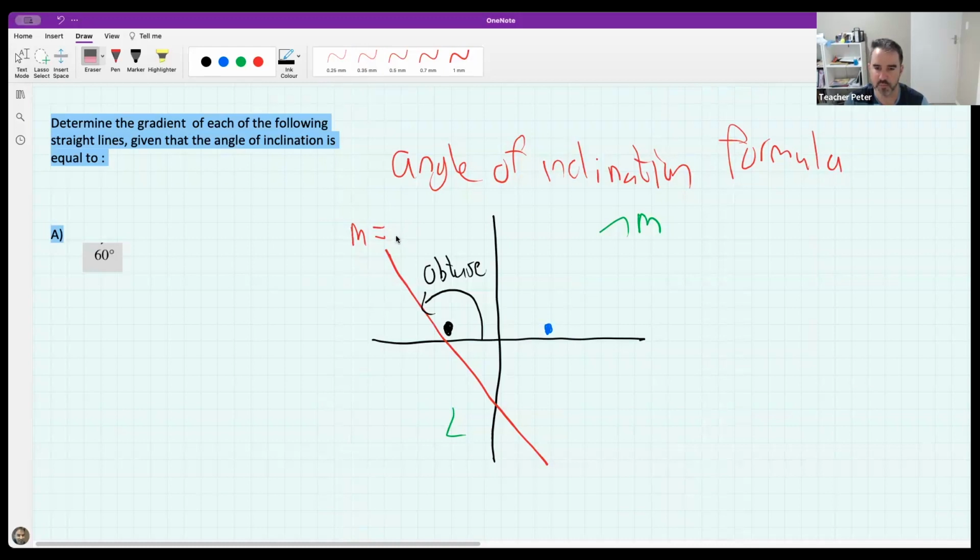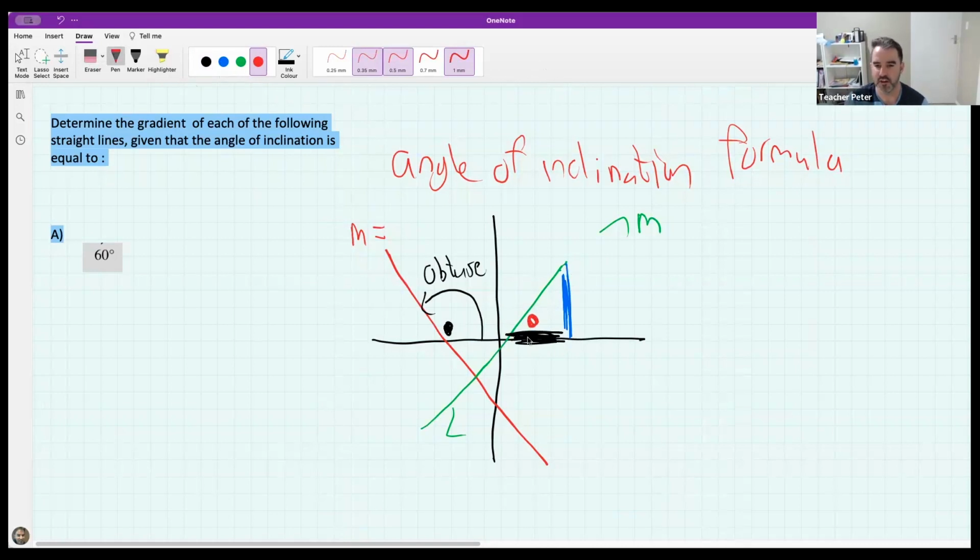So let me try and bring that thing back. Okay, where did it go? It left the building. So if we think of this angle, we can think of the gradient as being, let's say, run over rise like that. Okay, I know that's a little bit messy, but let's try to find this angle here.